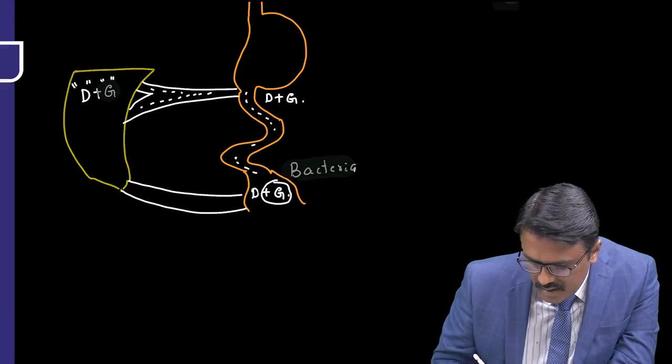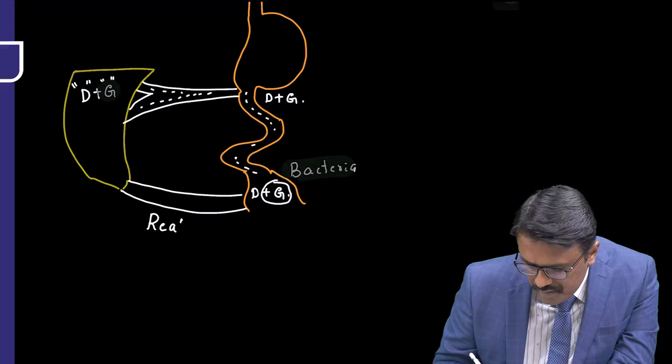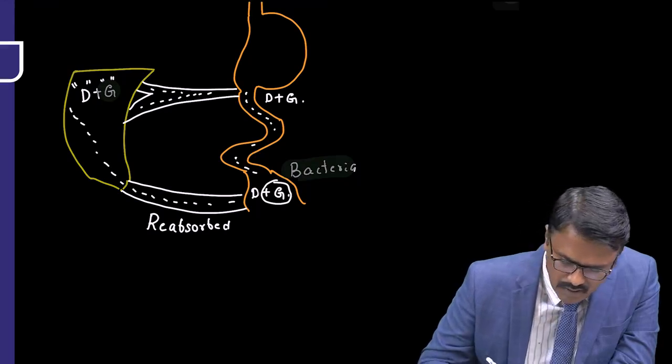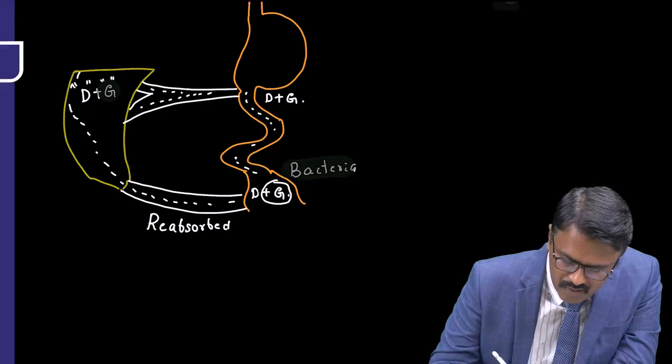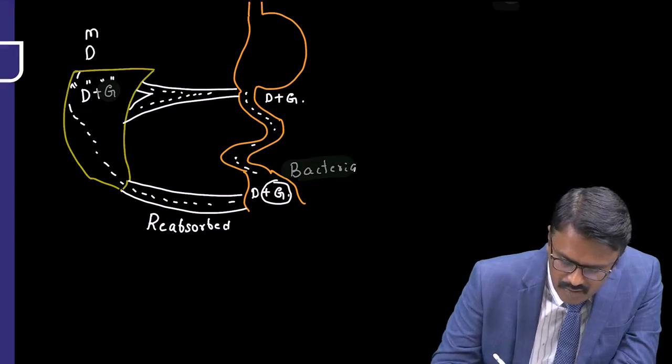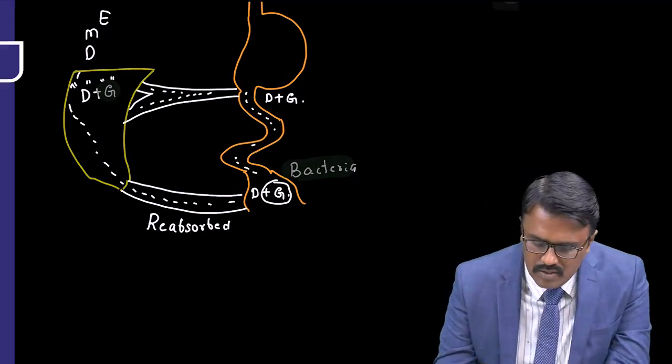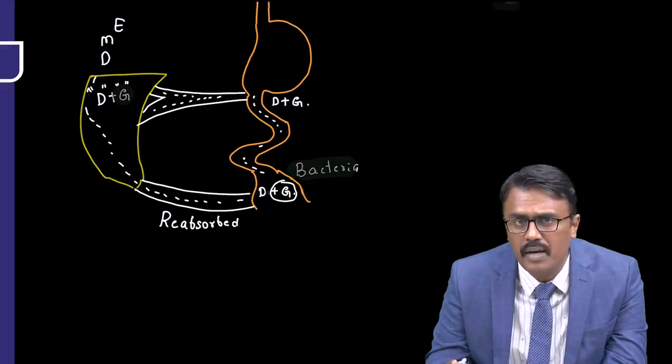Again the drug is reabsorbed, and again the drug enters the circulation. Again it goes for bioavailability. So distribution, again metabolism, again excretion, that keeps on happening. So this is what we mean by enterohepatic recycling.